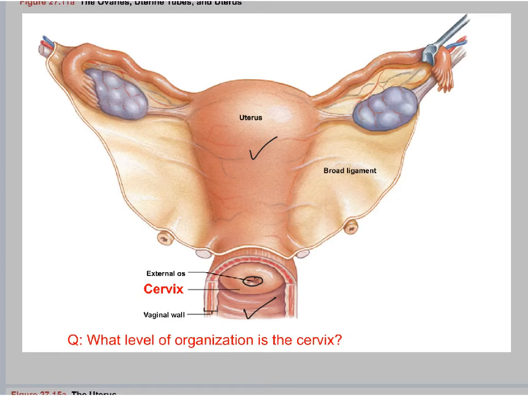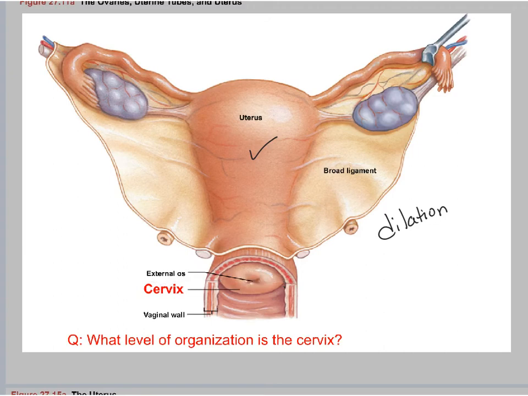That's the space, or that hole, the external os, is the hole that will increase in size during labor in a process called dilation. So during labor, the wall of the cervix here has to thin out so that the external os becomes wider to allow for the head and shoulders of the fetus to pass through.